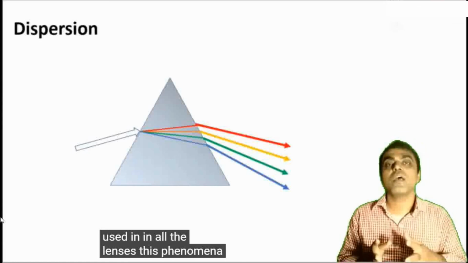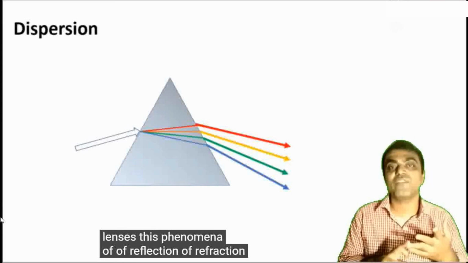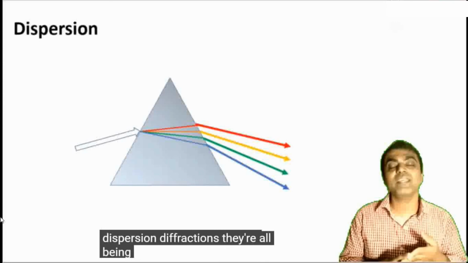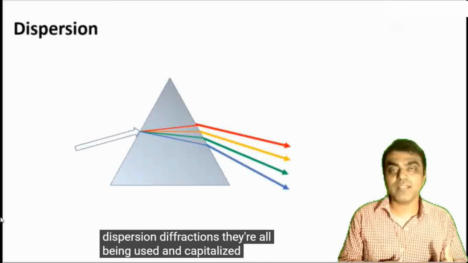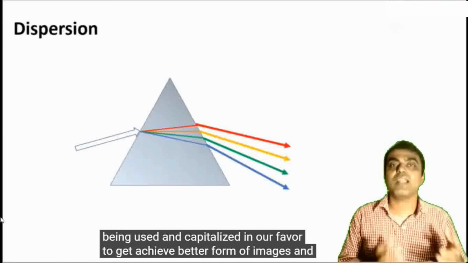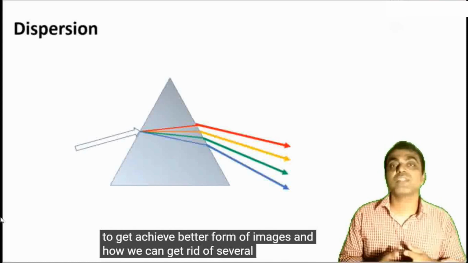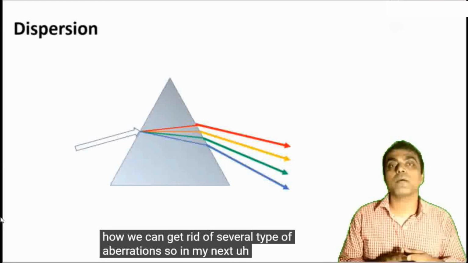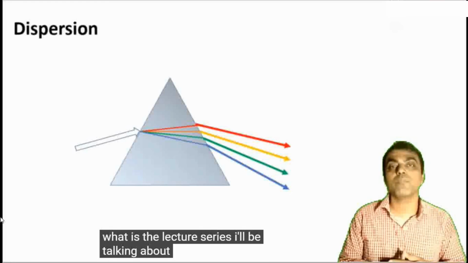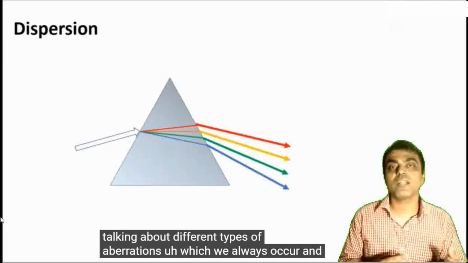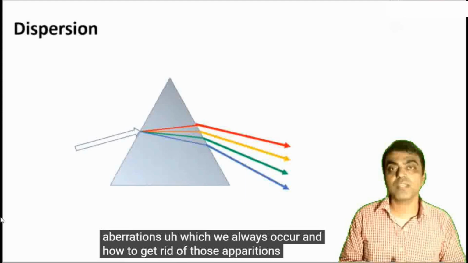This phenomenon of reflection, refraction, dispersion, and diffraction, they're all being capitalized on in our favor to achieve better images, and to get rid of several types of aberrations. So in my next lecture series, I'll be talking about the different types of aberrations which always occur, and how to get rid of them.